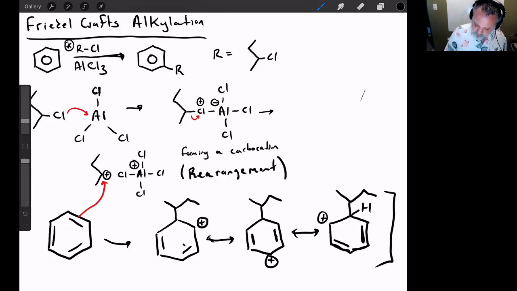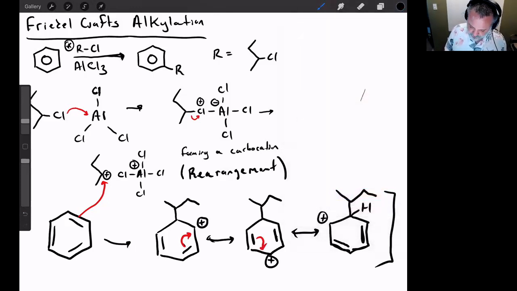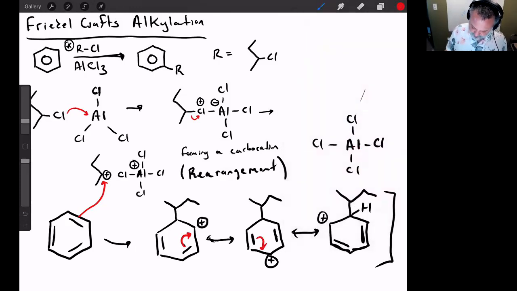There's still a hydrogen there. Now I have to think about what's the base that comes along to do this reaction. It's the same thing as before. AlCl4 is still around, serving as the counter ion for the sigma complex.